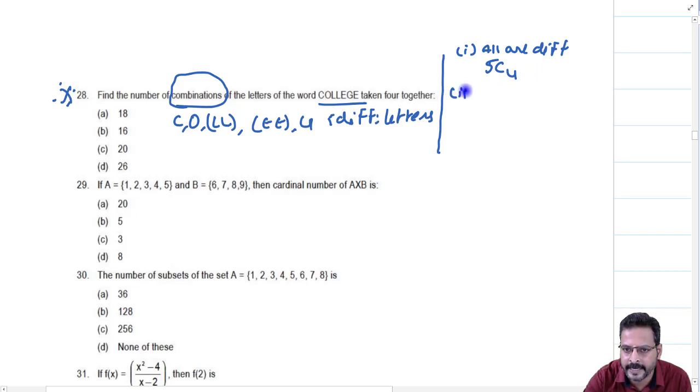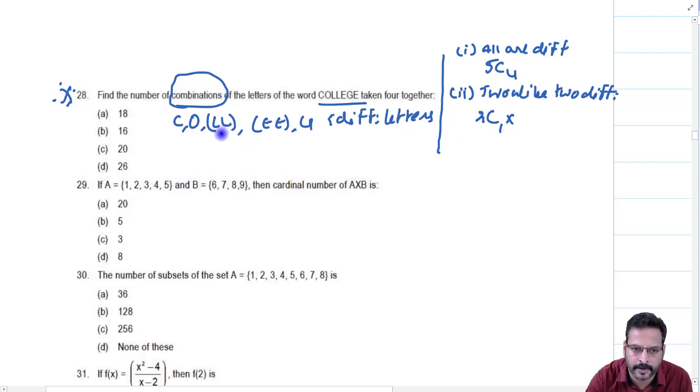Then second scenario, 2 alike, 2 different. That means there are 2 alike categories. We have to choose one from these, that means 2C1.